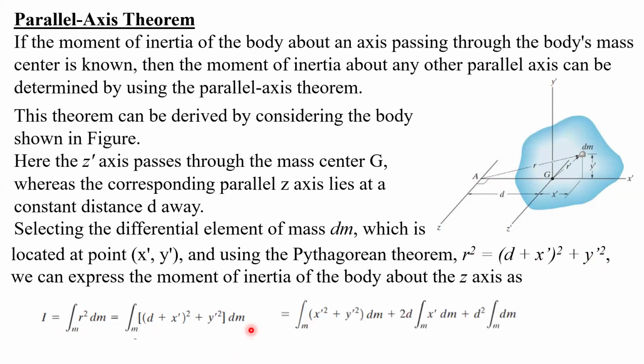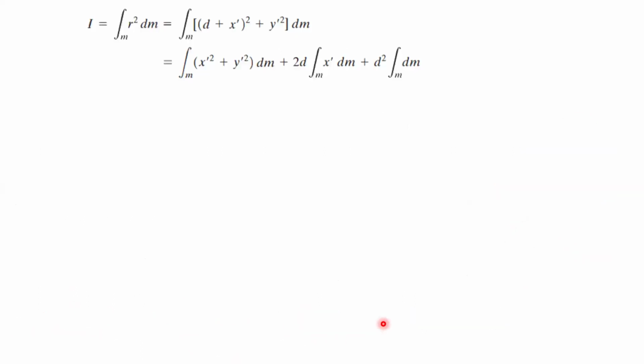So, which we now give when we open up d plus x prime squared. And then we collate, which is still the same. Then r prime squared is equal to x prime squared plus y prime squared.